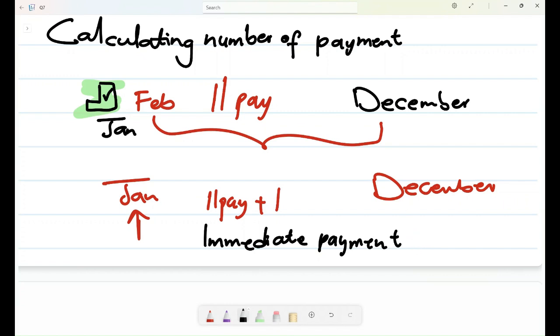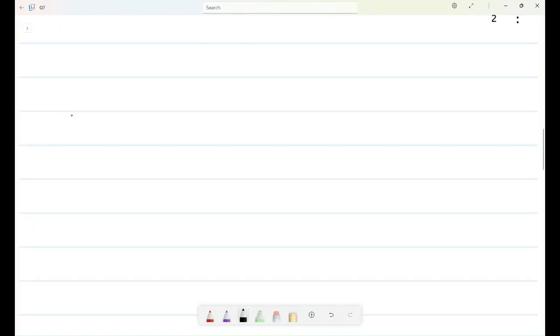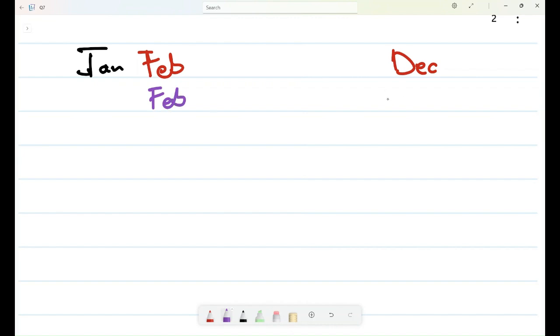The interesting one is this one again. The normal one: in January you get a sneaker, you start paying in February, then you end paying in December. This is what you are supposed to do in the normal way. But let's say you start paying in February as normal, but make the last payment in October.